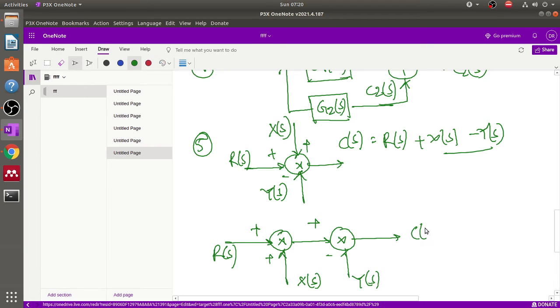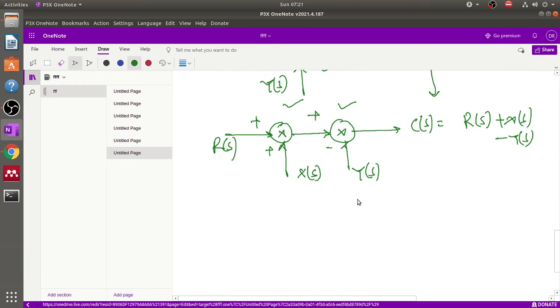So this output is the same, here also R(s) plus X(s) minus Y(s). The output is basically the same, but here only one summing point is considered, and here two summing points are considered. Here first R(s) and X(s) are added, and then Y(s) is subtracted. Okay, so this is a summing point.